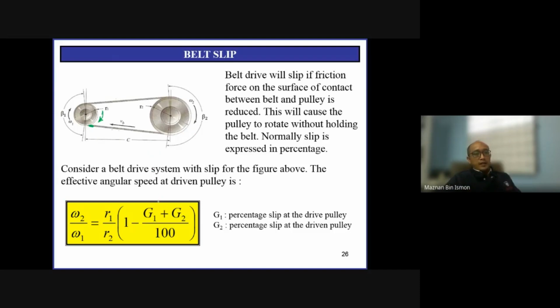If let's say S1 is the percentage of slip at the drive pulley, and then S2 is the percentage of slip at the driven pulley. You have to remember that omega 2 over omega 1 is the real velocity ratio.